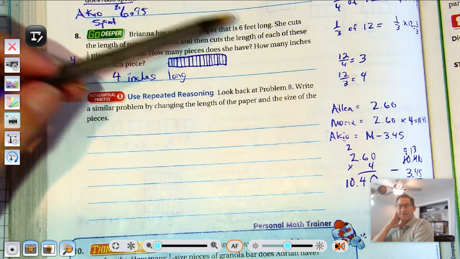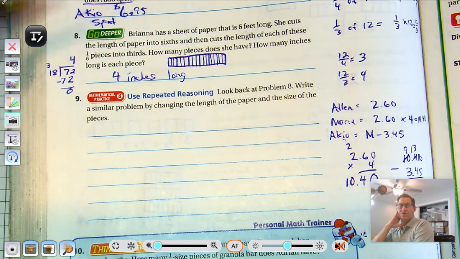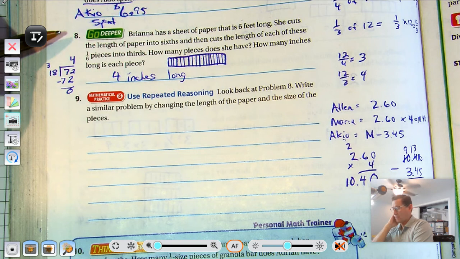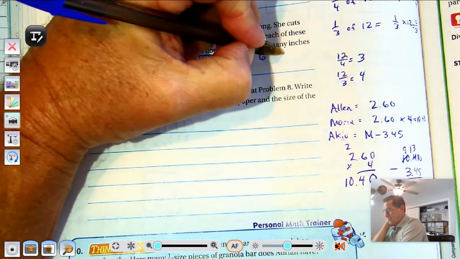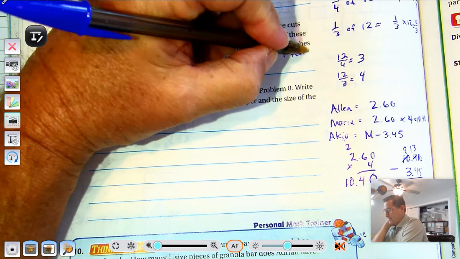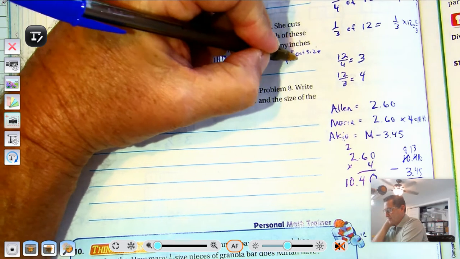So what did we do? We took the 6 feet and divided it into 1 foot size pieces. Okay. So we had 6 1 foot size pieces.